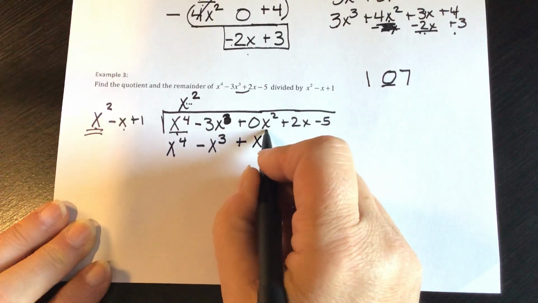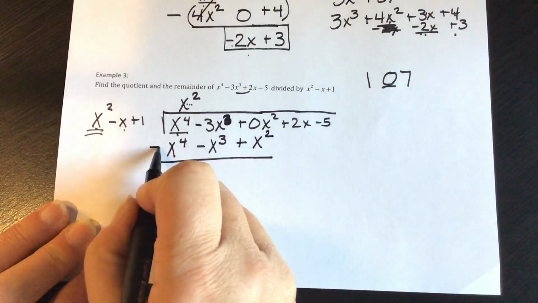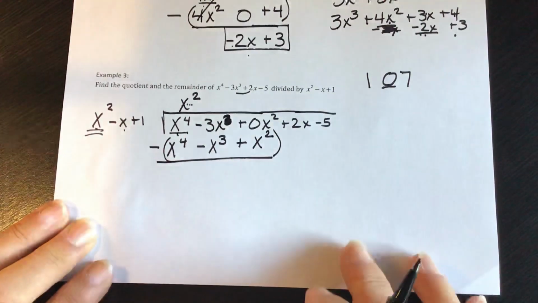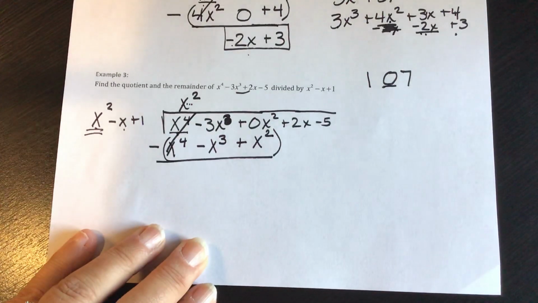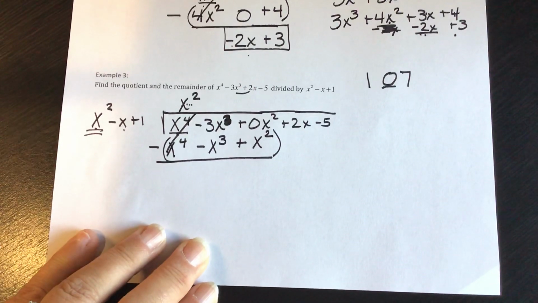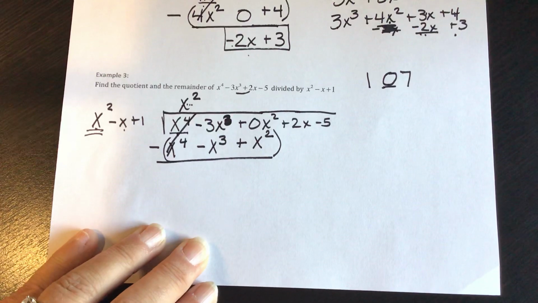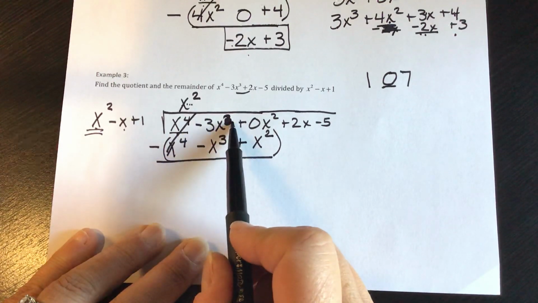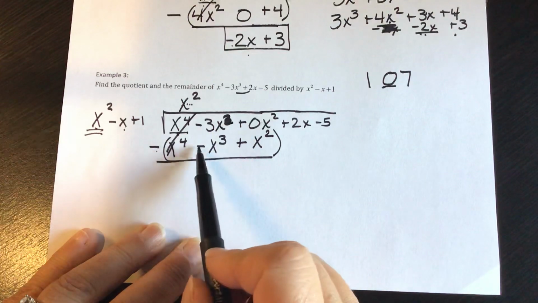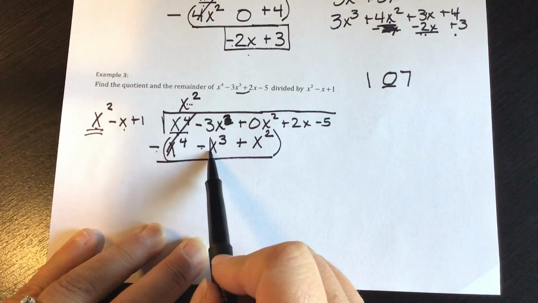Now I'm subtracting this entire quantity, and I think the most common mistakes come from the subtraction part and not keeping track of our negatives, because here I have negative 3x to the third power minus 1x to the third power.